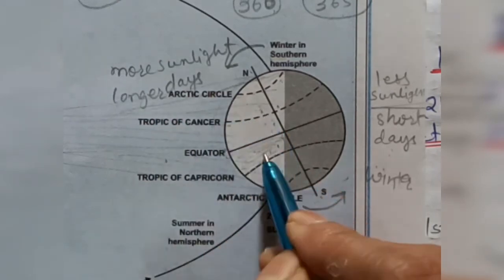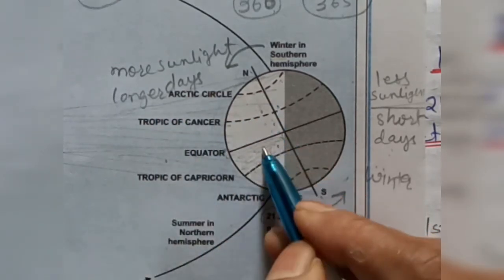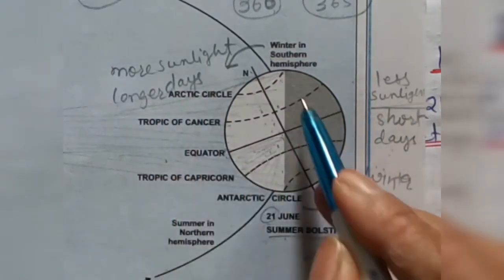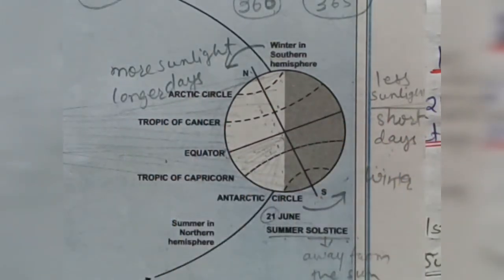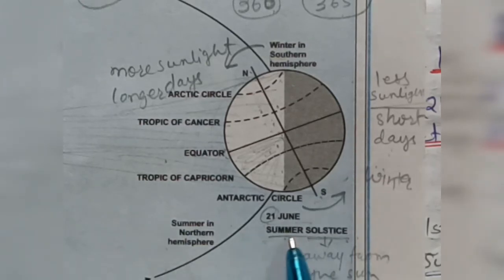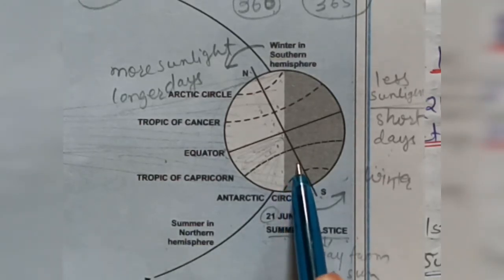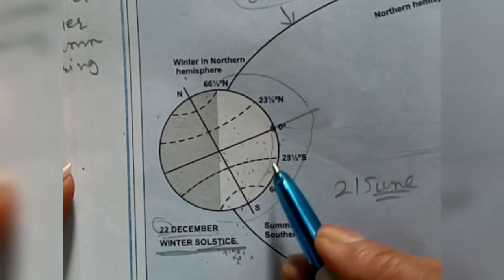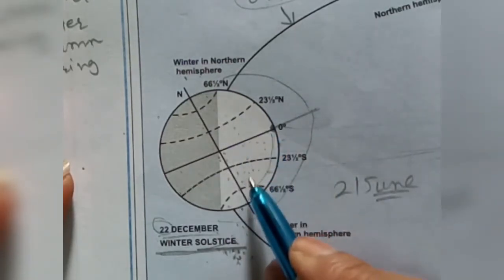That's why in the northern hemisphere, longer days are there, and in the southern hemisphere shorter days are there, and here the summer solstice occurs.